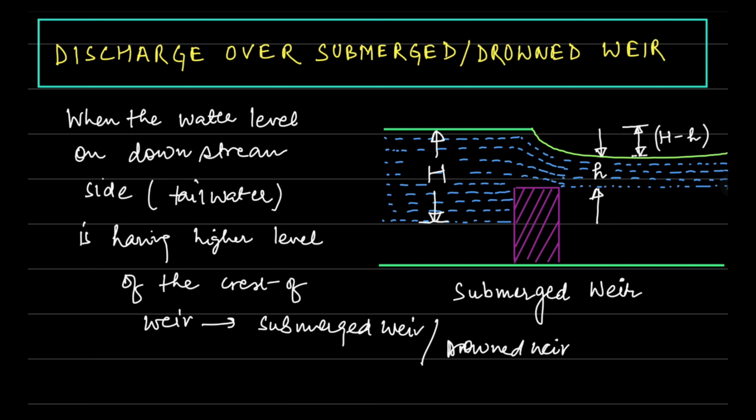In order to get the total discharge over the weir, we have to solve this problem in two sections. We can divide the discharge into two parts: the portion between the upstream and downstream water surface may be treated as a free weir, and the portion between the downstream water surface and the crest of the weir can be considered as a drowned weir.